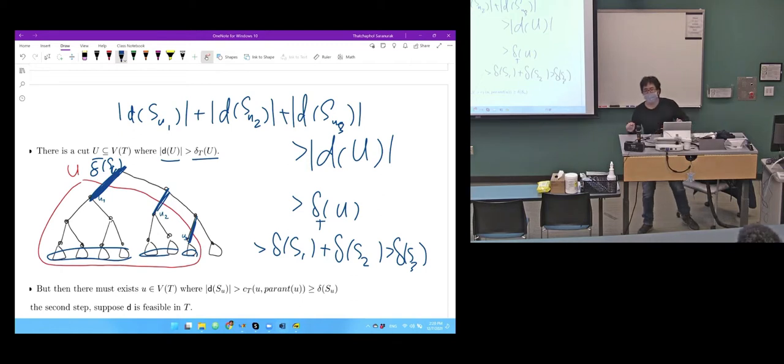This is because the tree is a flow sparsifier. So anything that can be routed in the graph must be routable in T too. Or, a cut size in the graph must be at least the cut size in the tree. So that's why this thing needs to be at least the cut size in the original graph.